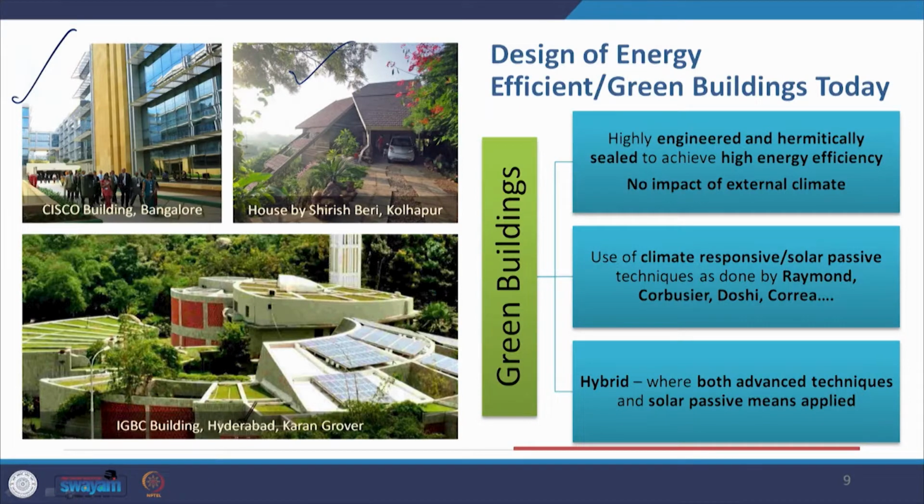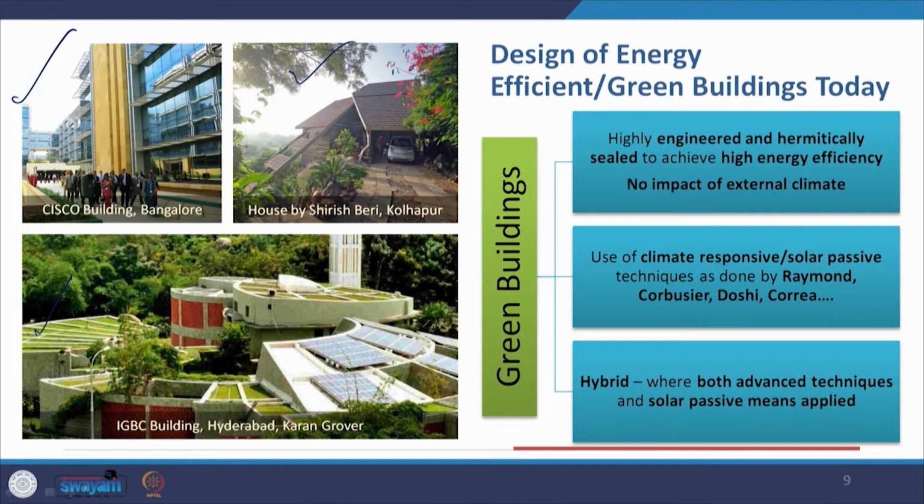Second, use of climate responsive solar passive techniques, totally dependent on that, not on technology, as done by Antonin Raymond, the first modernist building he built, or Corbusier or Doshi or Correa, or this house by Shirish Beri in Kolhapur. Third, hybrid mode, advanced as well as climatically responsive, as done in the IGBC building in Hyderabad by Karan Grover, the first platinum rated green building, I believe, in the world and definitely in India.